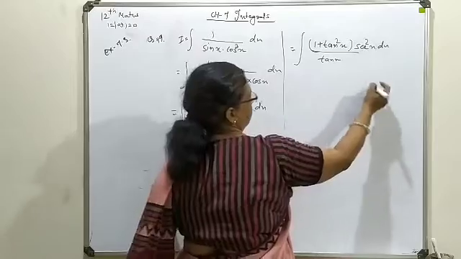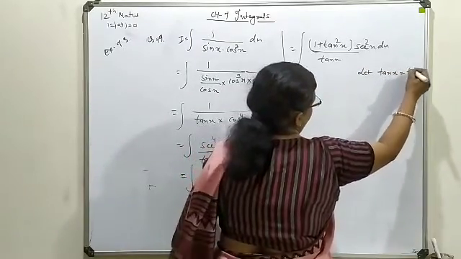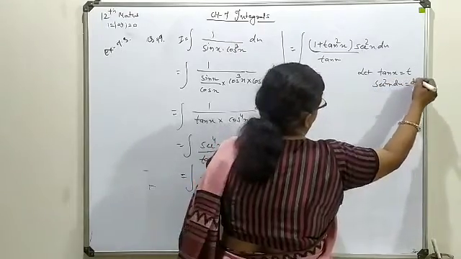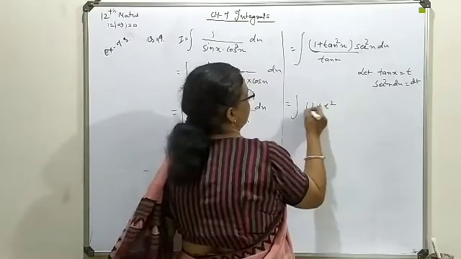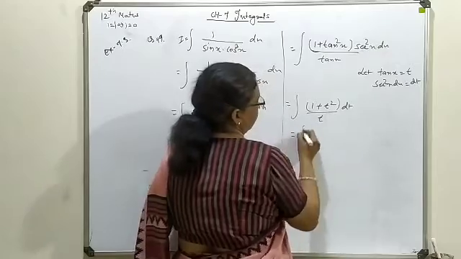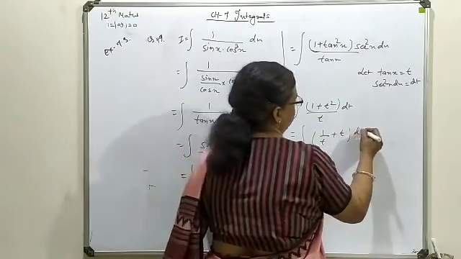Now here suppose tan x is t; sec square x dx is available as dt. So convert your question into t form: 1 plus t square upon t, dt. Make them separate. This way you have separate terms for further integration.